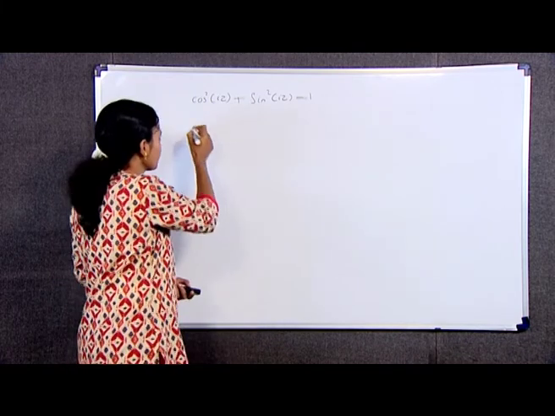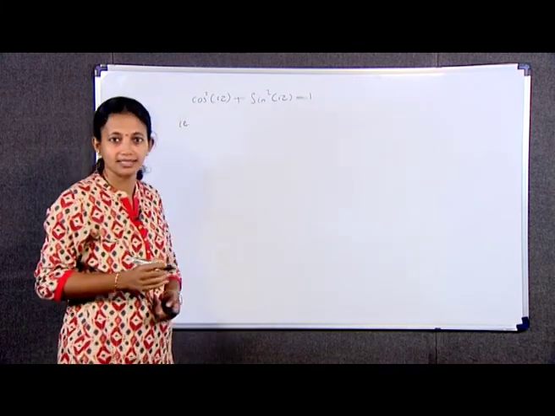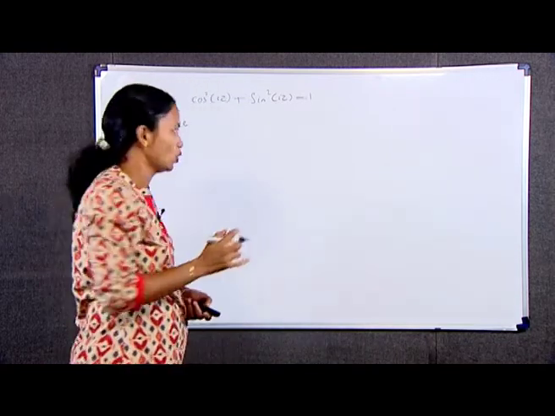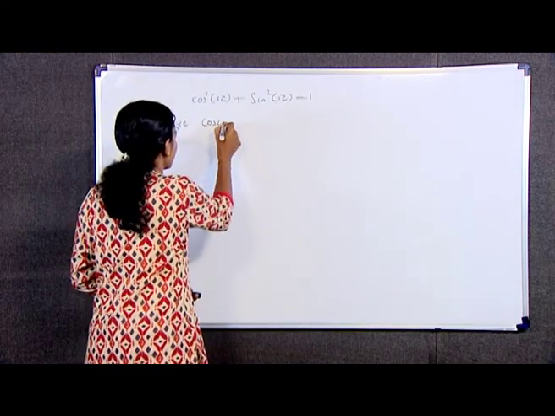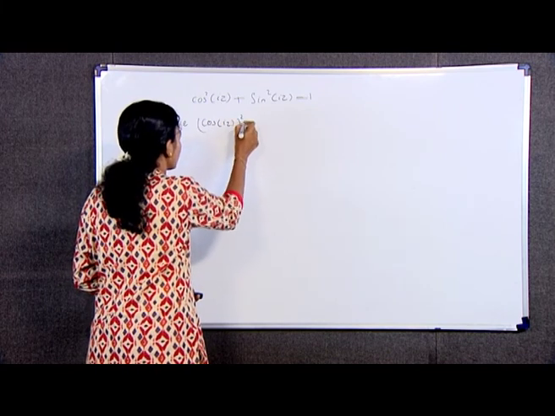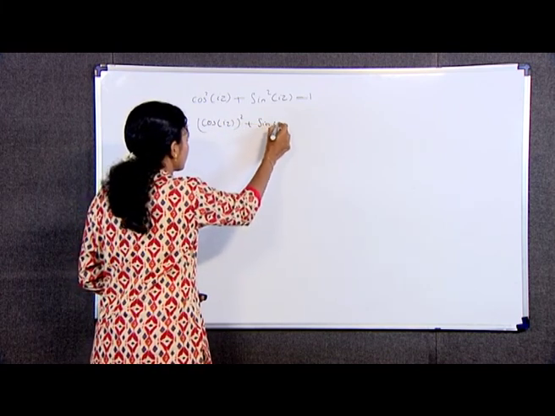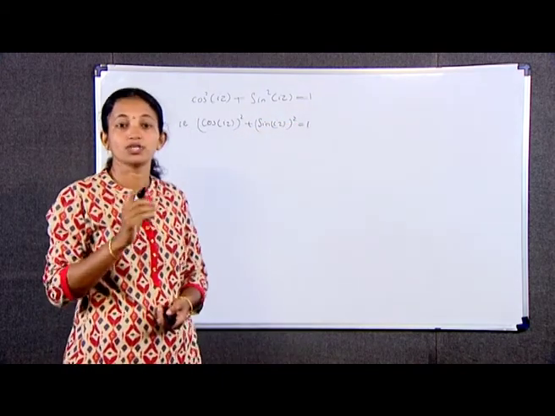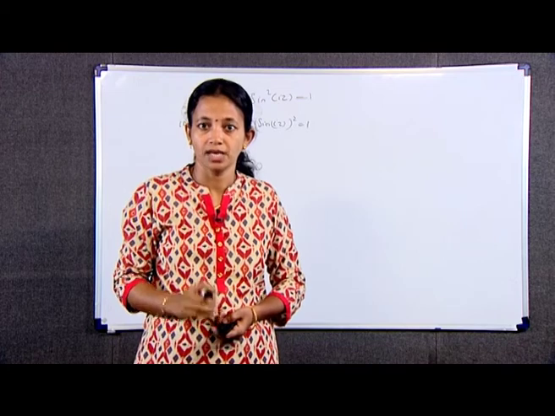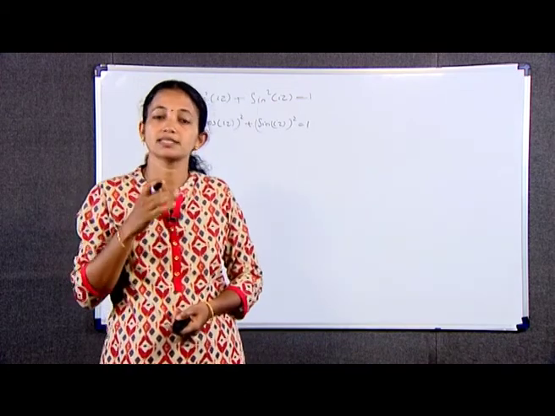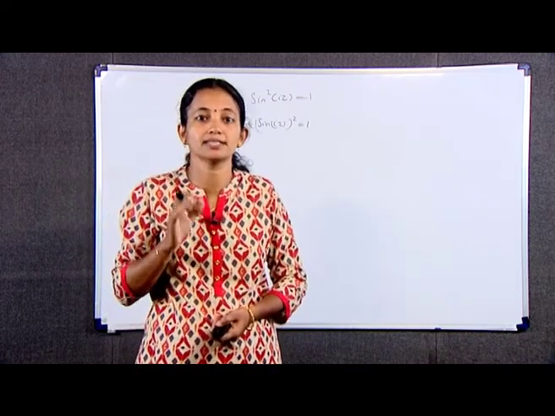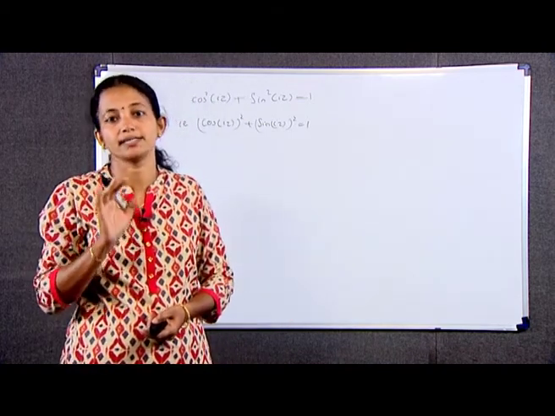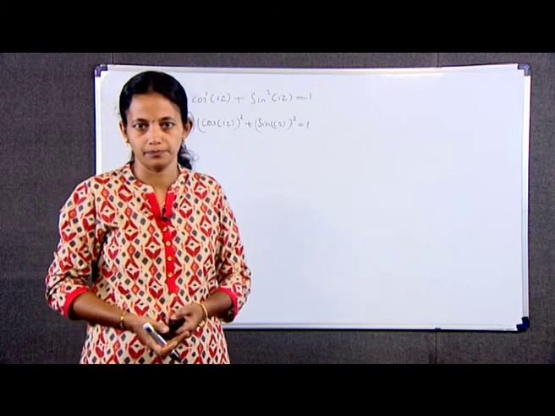Thus we can write cos iz whole square plus sin iz whole square is equal to 1. Using equations 3 and 5, the above implies cosh z whole square plus i sinh z whole square equals 1. That is, cosh square z minus sinh square z is equal to 1.